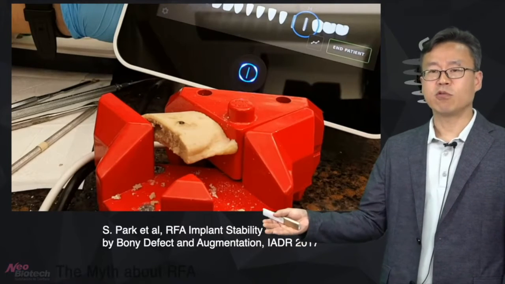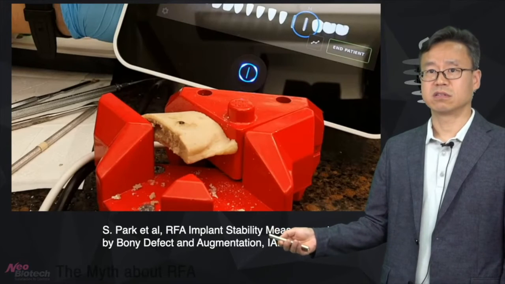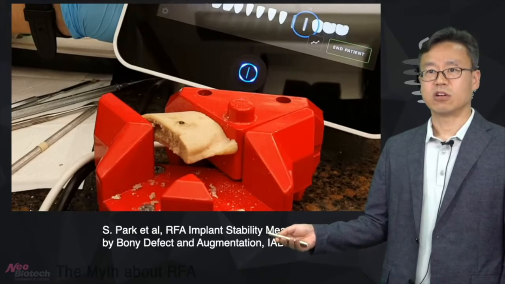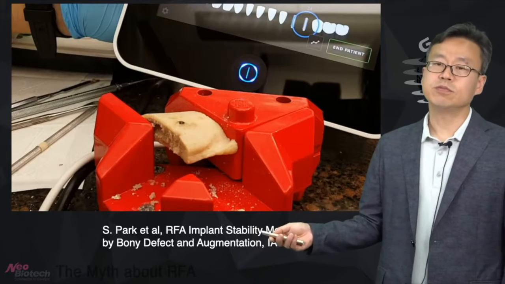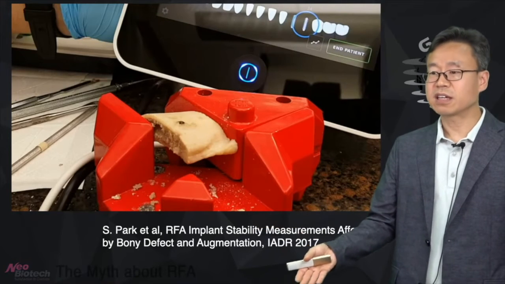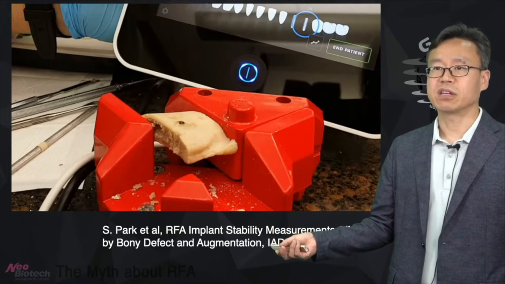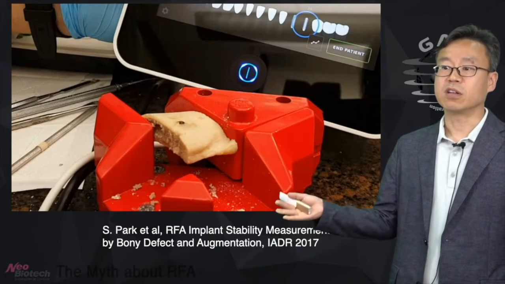The implant was not fixed into the bone at all. So based on the diagram that I've just showed you, 65 in this particular case meant nothing. It looked fixed into the bone, but it wasn't.